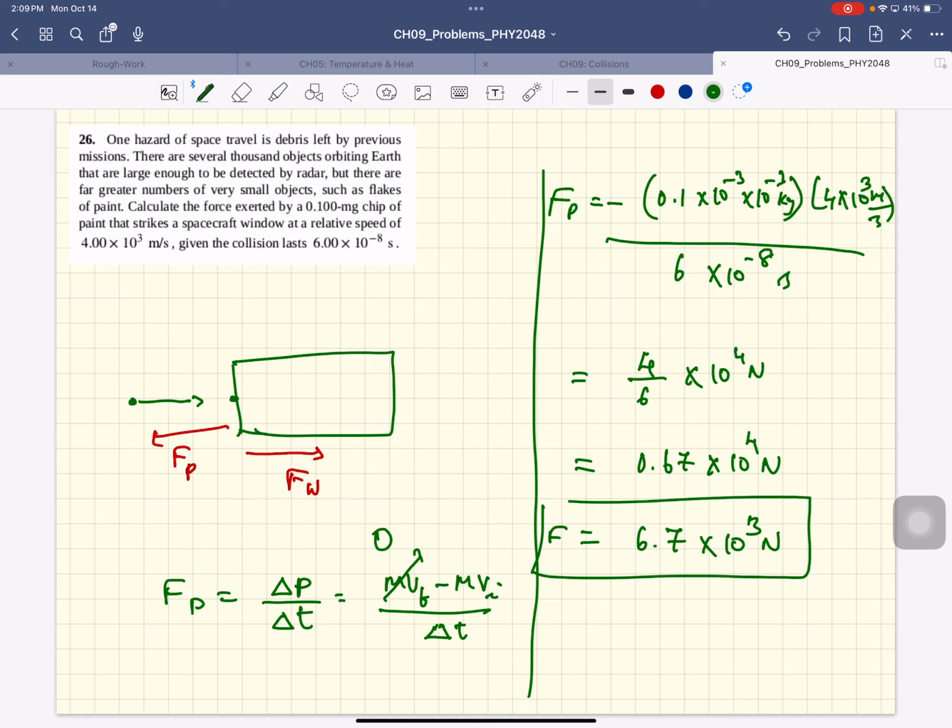So the force on the speck of paint was 6.7 times 10 to the 3 newtons, and so the corresponding force on the window was that.